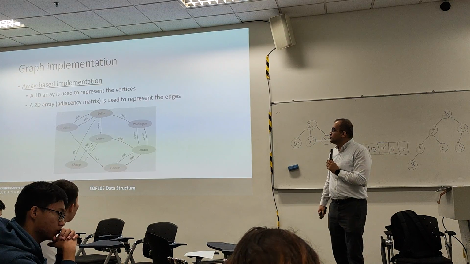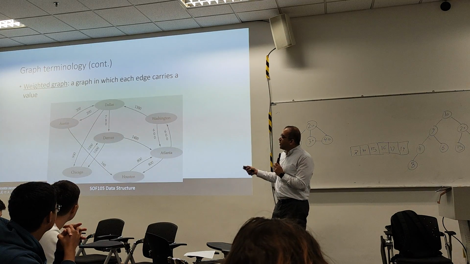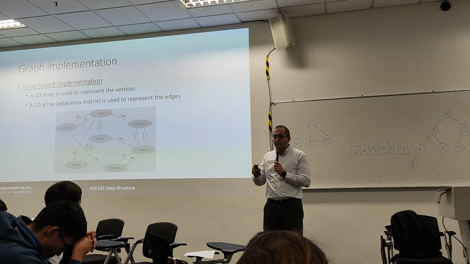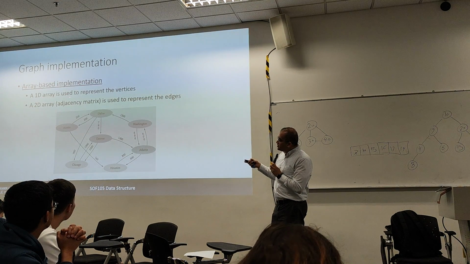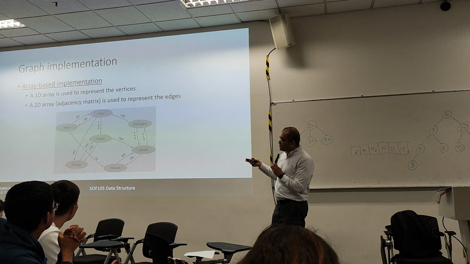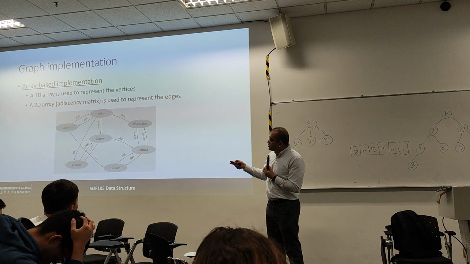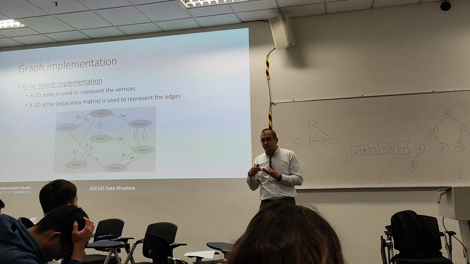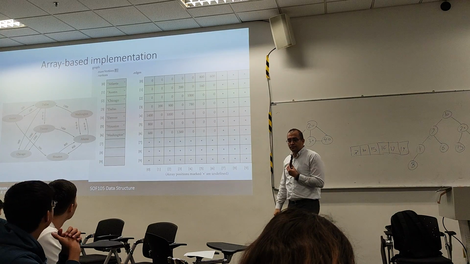There are two ways to implement it: array-based implementation and linked-list-based implementation. In the array-based implementation, the one-dimensional array represents the cities, the vertices, and a two-dimensional matrix represents the connection between every two cities.